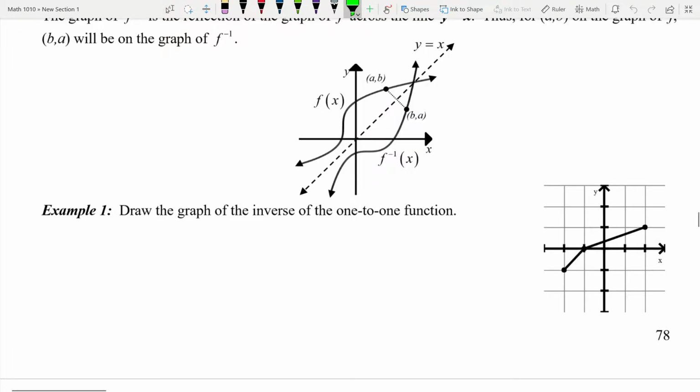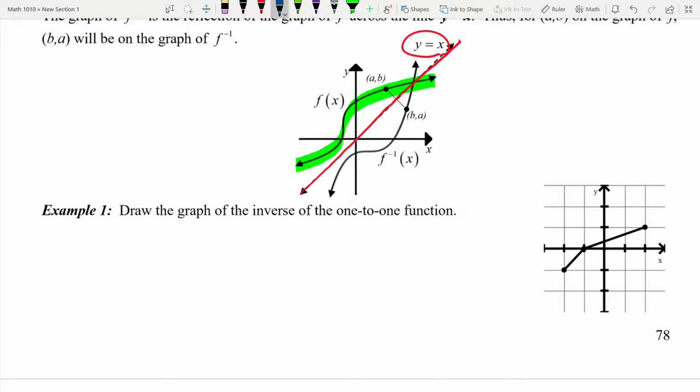So if this right here is the original function, okay? Now if you took that paper that you're writing on and you folded it across that line right there, and the equation of that line is y equals x, then if that green was wet paint, where would it go?